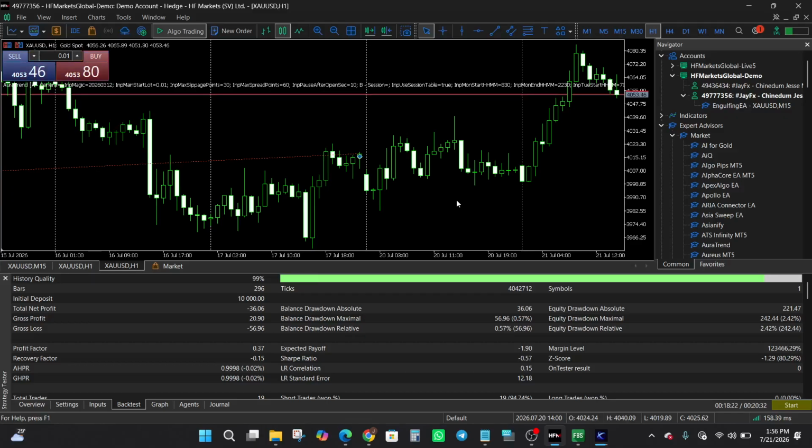So I strongly encourage thorough demo testing, forward validation, and starting small. All right, trading involves substantial risk. And remember that past backtest performance does not in any way guarantee future outcomes.